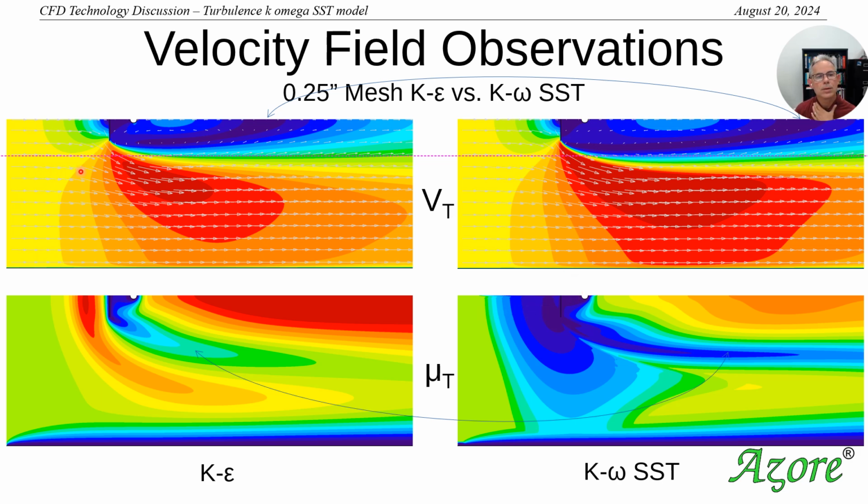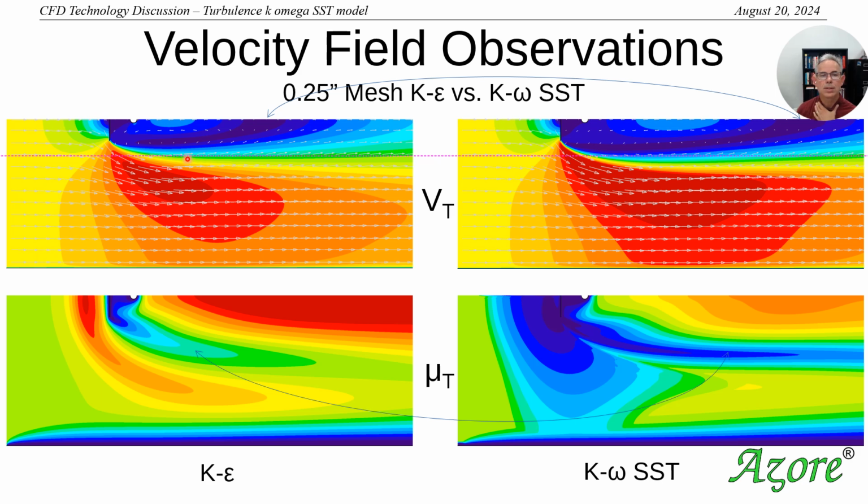So you'll also notice right here, I have this line that is right at the center line of where this eddy is, and you can see because of how the flow structure goes around here, there's not as much diffusion. So in the K omega SST turbulence model, the flow is allowed to get much closer to the surface, so then it has a downward velocity a little bit more, so it allows the flow structure to go down, and it makes that recirculation bubble a little bit larger.